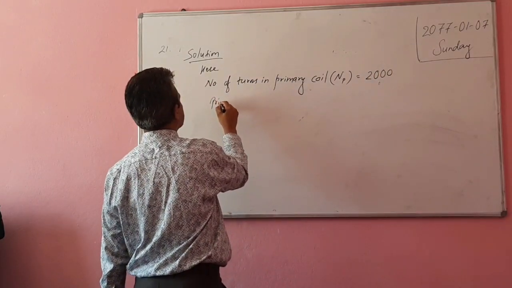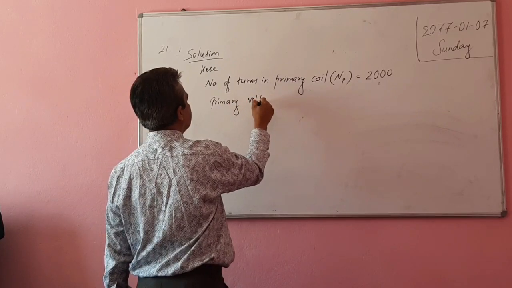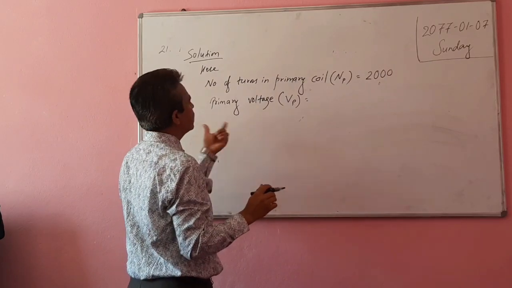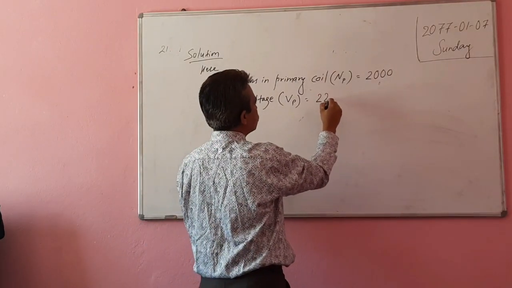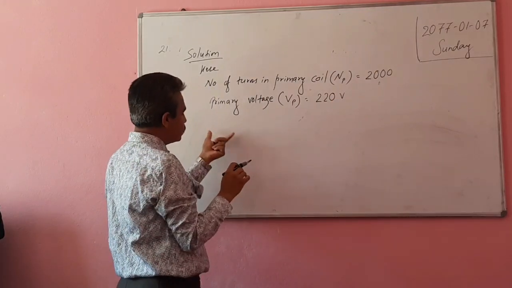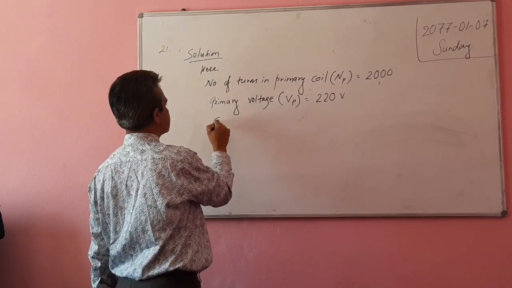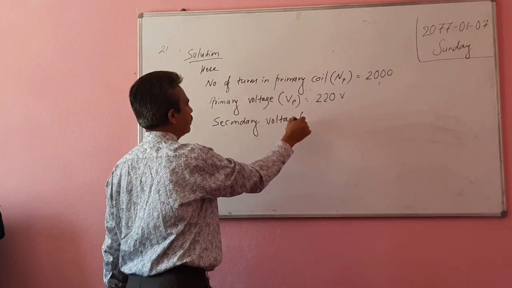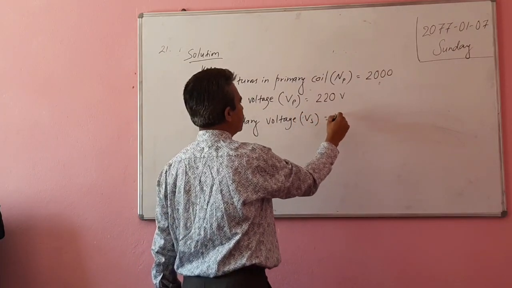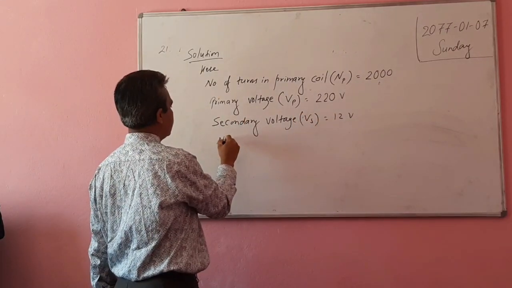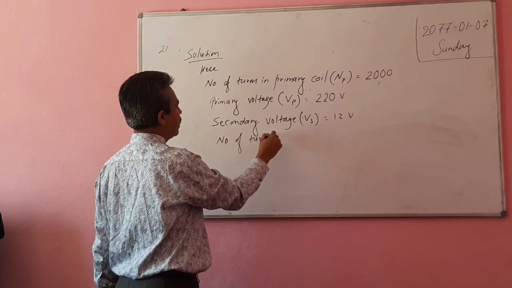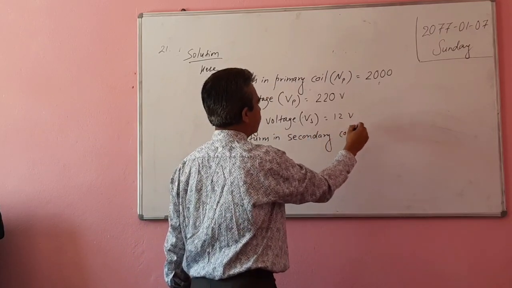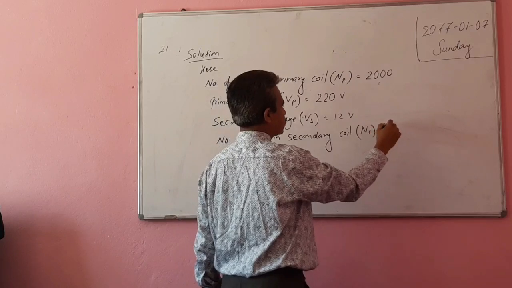Then primary voltage Vp is connected to the main supply of 220 volt, means that is 220 volt, and it is used to operate the radio of 12 volt, means it is secondary voltage, Vs equals 12 volt. Then number of turns in secondary coil, Ns equals what?